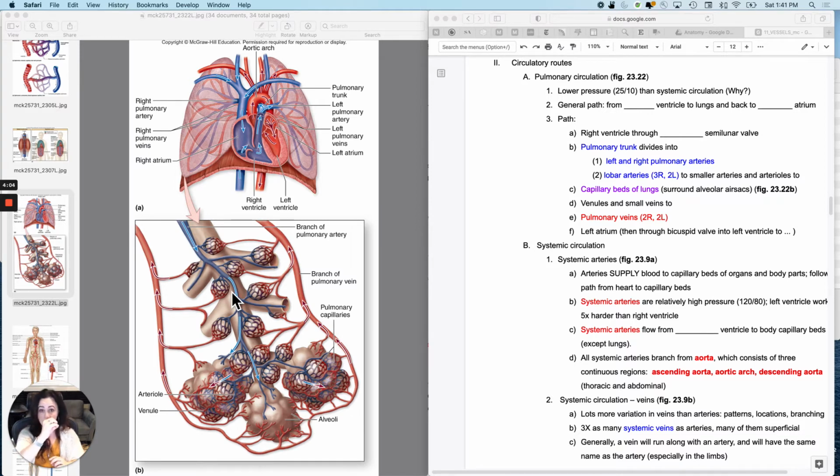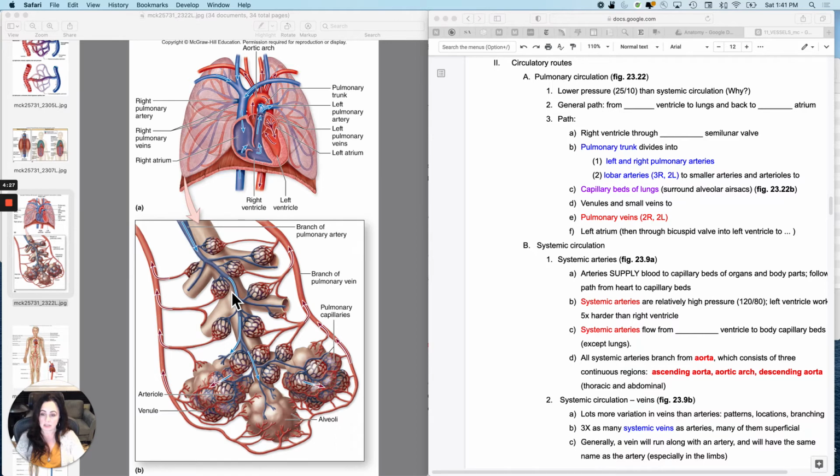Because the alveolus is thin and the capillary is thin, oxygen can very easily move from the alveolus into the bloodstream, and carbon dioxide can very easily move from the bloodstream into the alveolus. And gas exchange is going to occur there. You have a tremendous amount of surface area in healthy lungs for gas exchange, about the size of a tennis court.